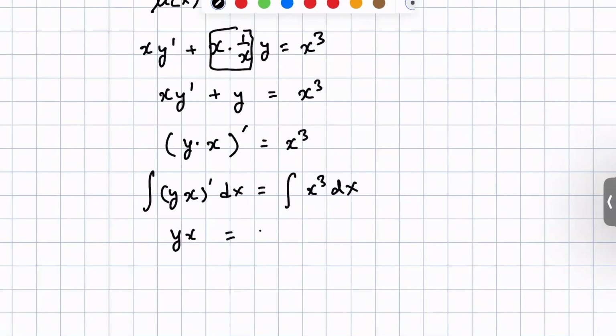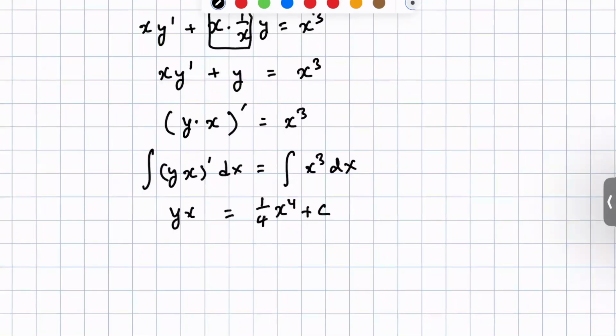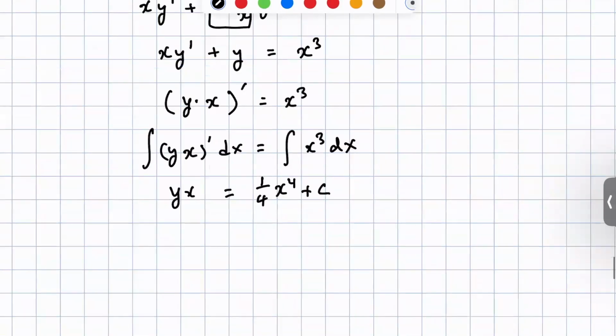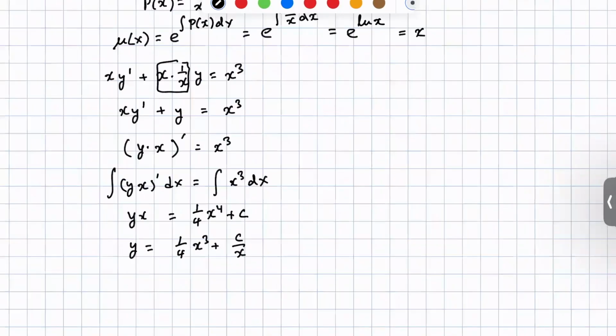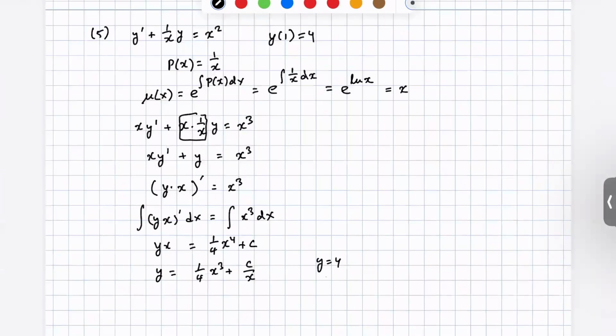Yx is equal to 1/4 x to the 4th plus c. Now, what is y? Y is equal to 1/4 x cubed plus c over x. Let's look at our initial condition. Y is equal to 4 when x is equal to 1.